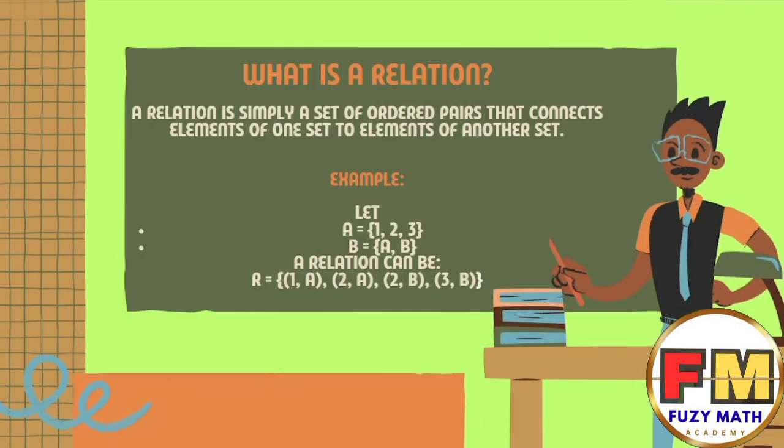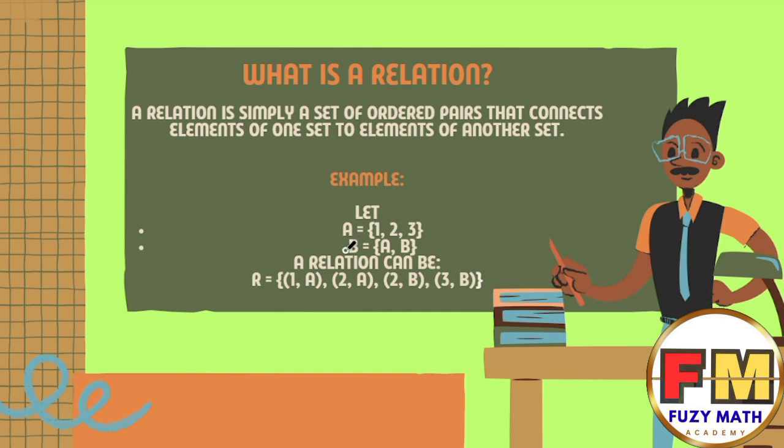What is a relation? A relation is simply a set of ordered pairs that connects elements of one set to elements of another set.